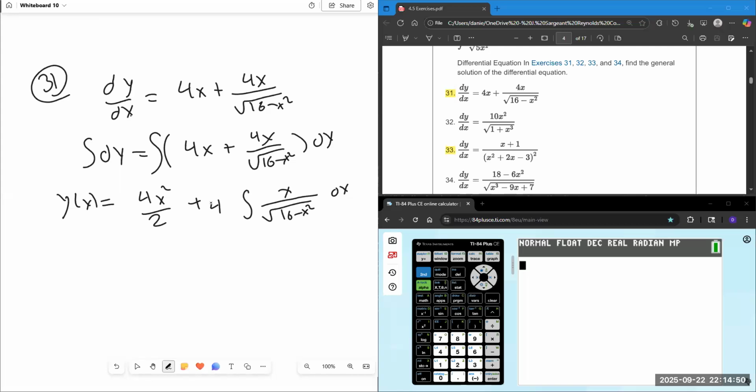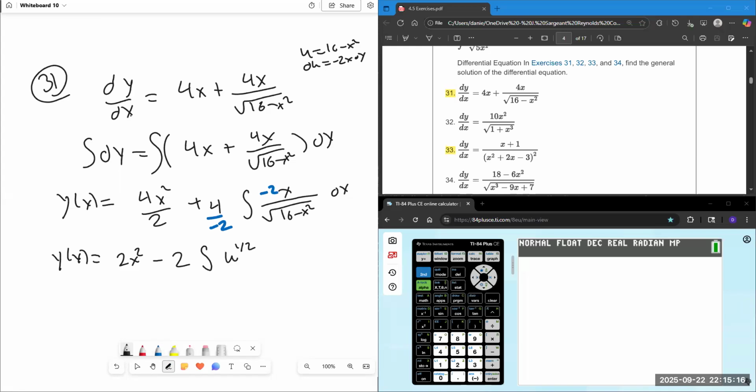So u is 16 minus x squared, du is a negative 2x dx. So negative 2 divided by negative 2 gets me y of x is 2x squared minus 2 the integral of u to the negative 1/2 du, which is y of x is 2x squared minus 2u to the 1/2 times 2 plus c.